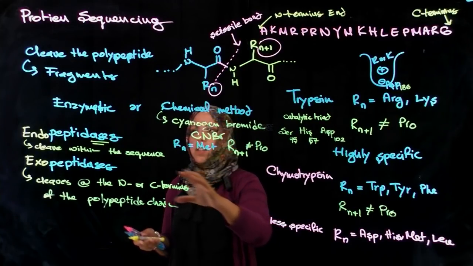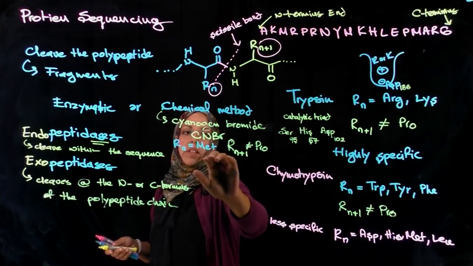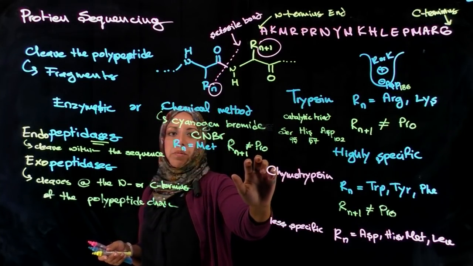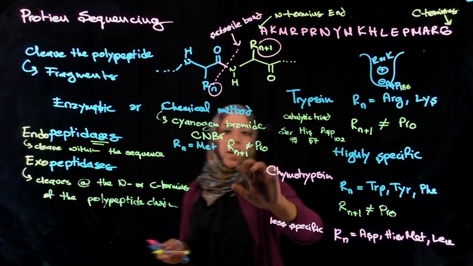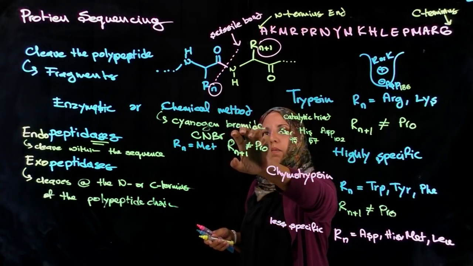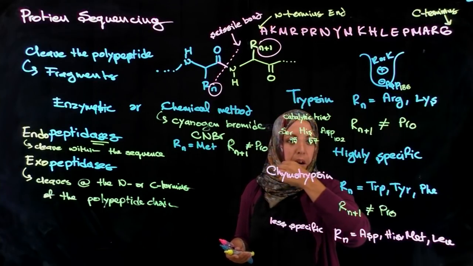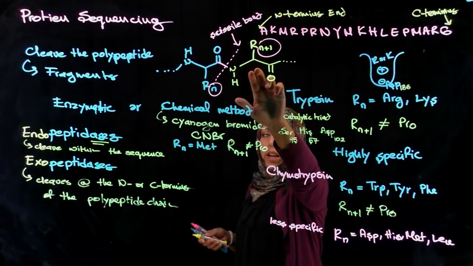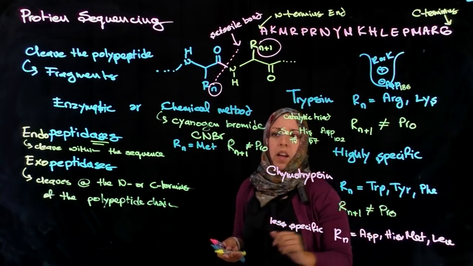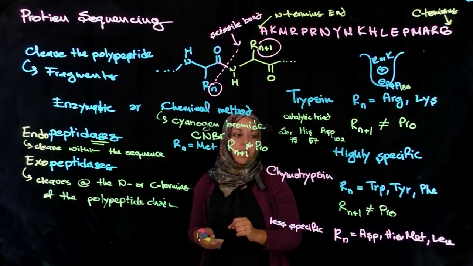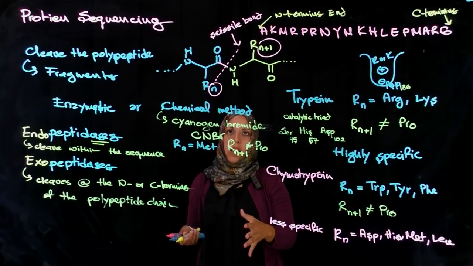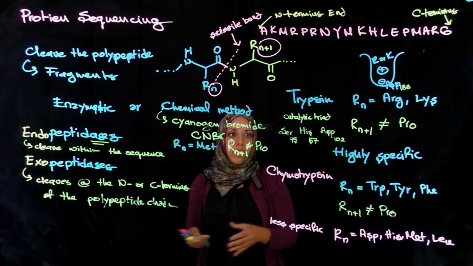So does every single enzyme or chemical method not cleave after proline? No, there are some where the next amino acid can be proline, but in those examples, the next amino acid cannot be proline. And it just has to do with the actual mechanism.